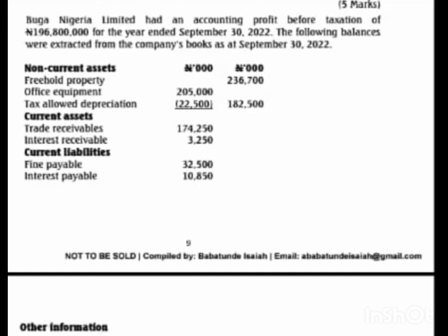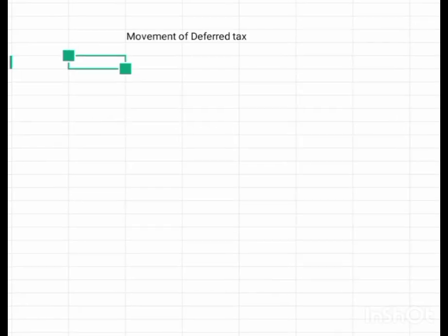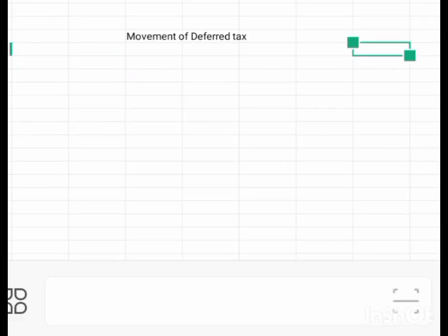We're told to show the movement of deferred tax. That's what we want to calculate now. Given the opening balance was 8,100.